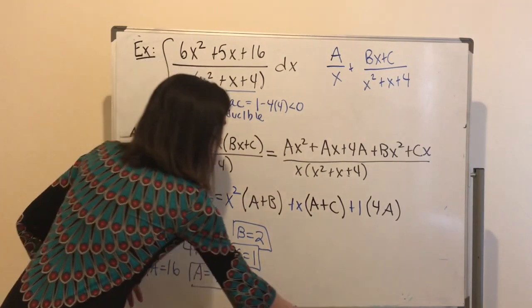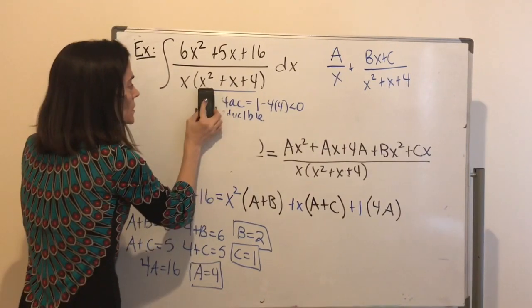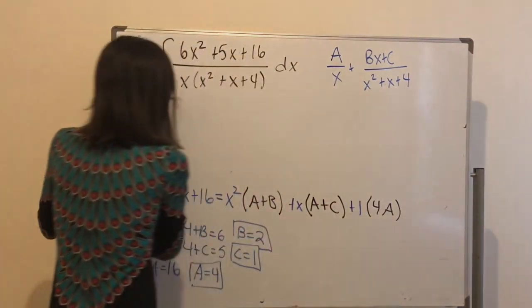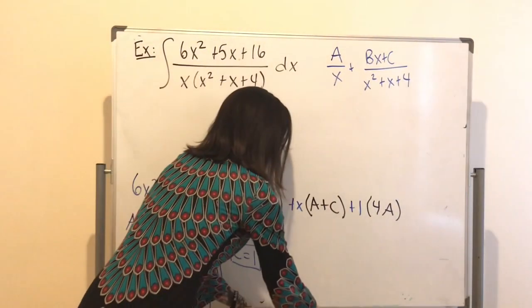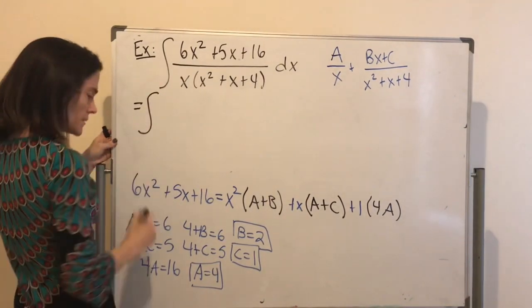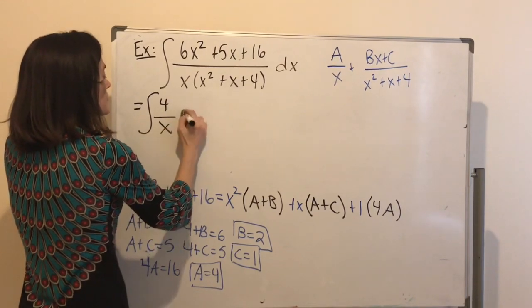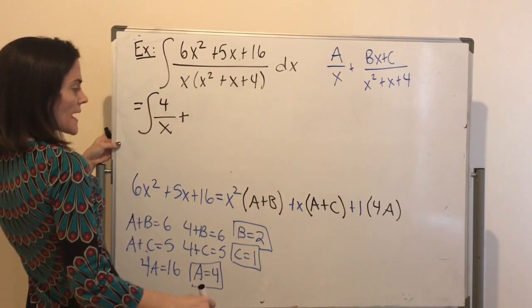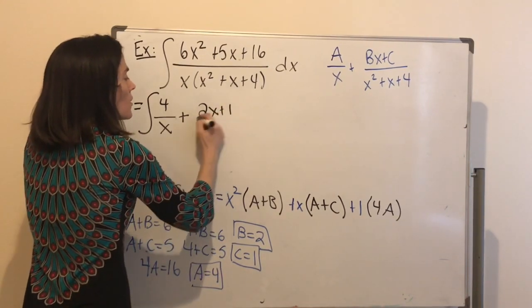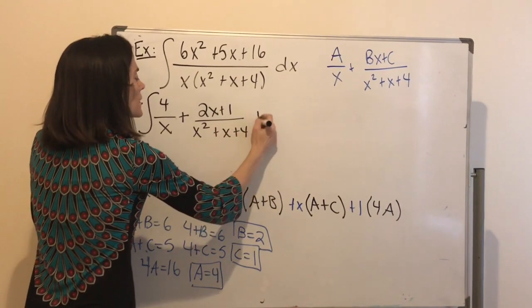So maybe just like the last one, I will erase here to give me some space for my integral. Now we integrate. This is equal to the integral of a, which is 4 over x, plus 2x plus 1 over x squared plus x plus 4 dx.